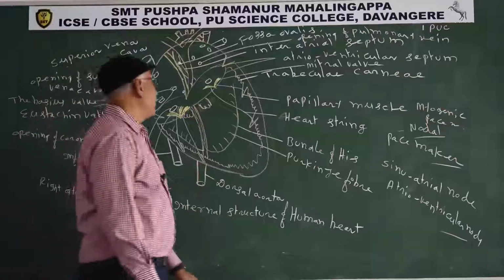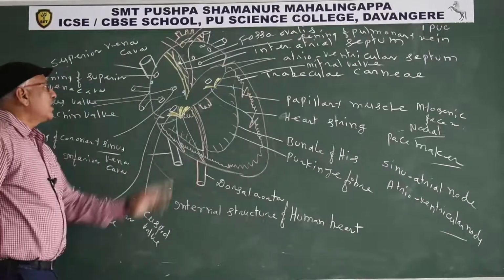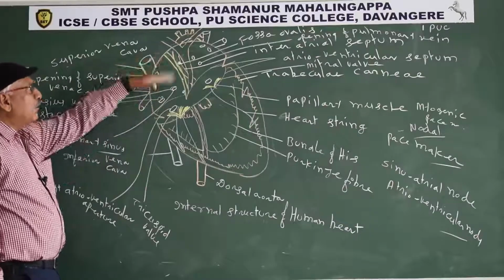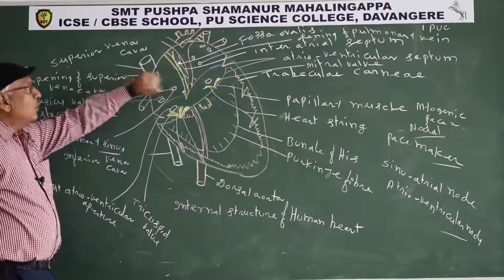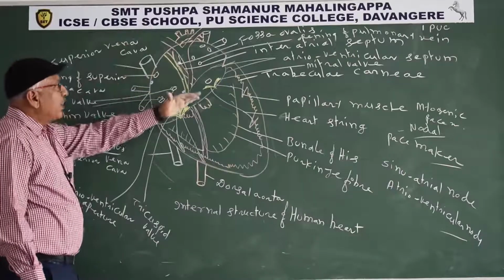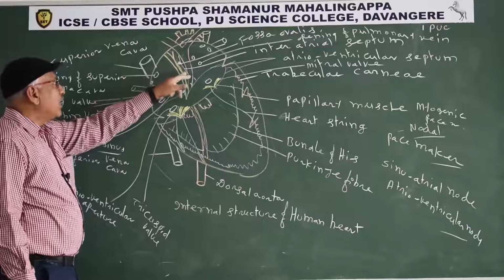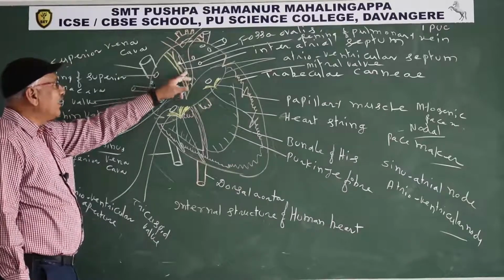The wave of contraction begins in the SA node and travels in the form of concentric rings all over the atria. The atria undergo contraction. During atrial contraction, the wave of contraction enters the interatrial septum.